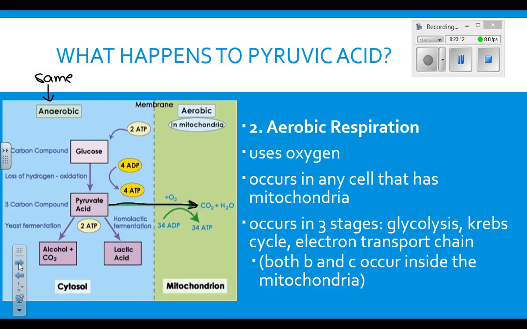It's moving across a membrane here from the cytoplasm into the mitochondrion. So if a cell has oxygen available and it has mitochondria, then it can do aerobic cellular respiration. If either one of those two conditions is not there, this won't happen.